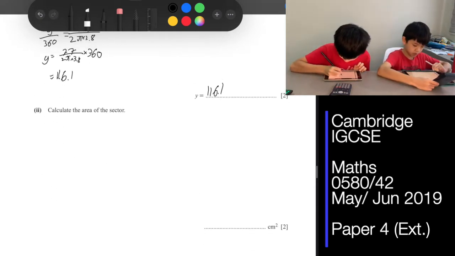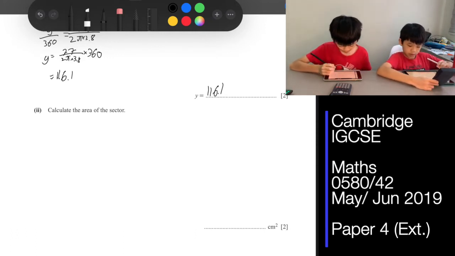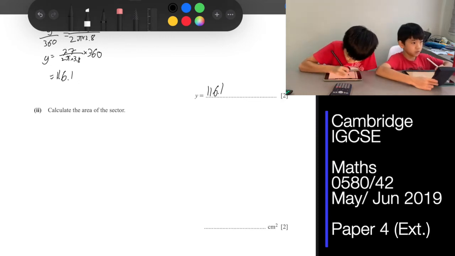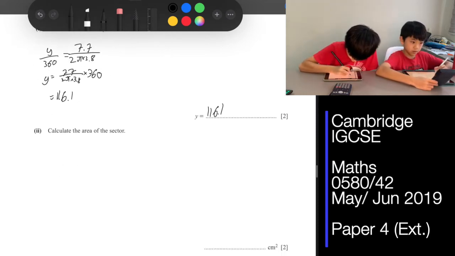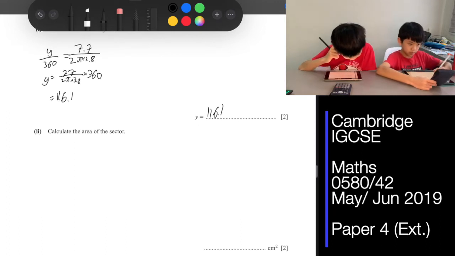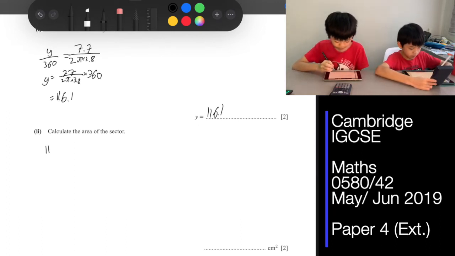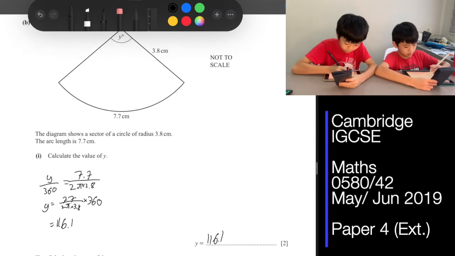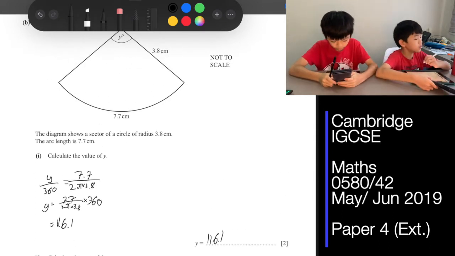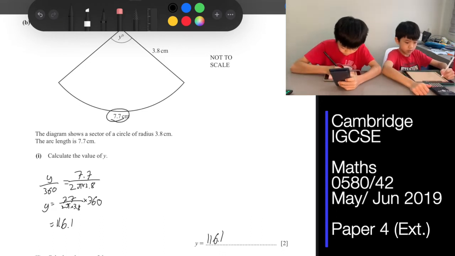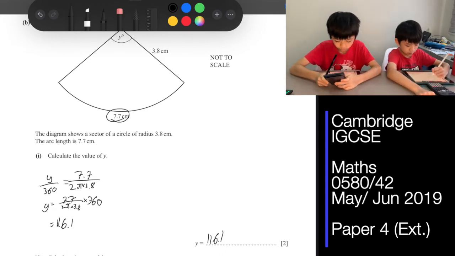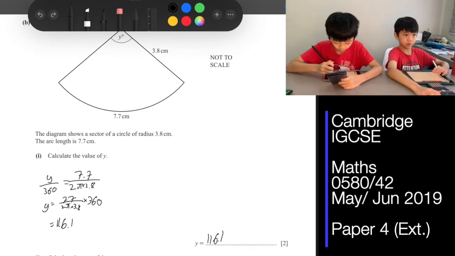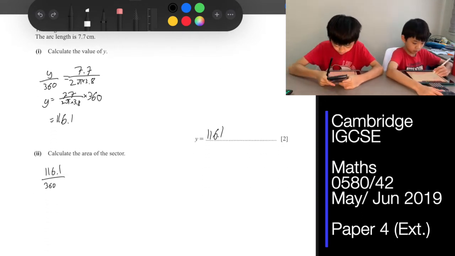Okay, for the next question, we need to calculate the area of the sector. Again, we use ratio, but instead we just use angle and area. So we got the angle already, 116.1 over 360. You can use either the ratio of the arc over the circumference, or the angle over 360. I'll just use angle for this one.